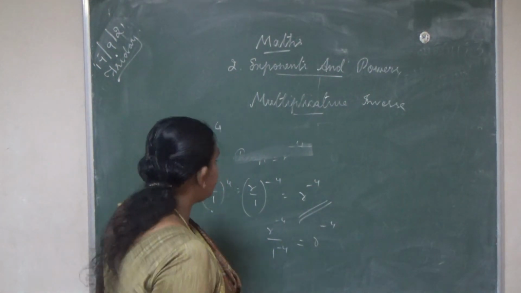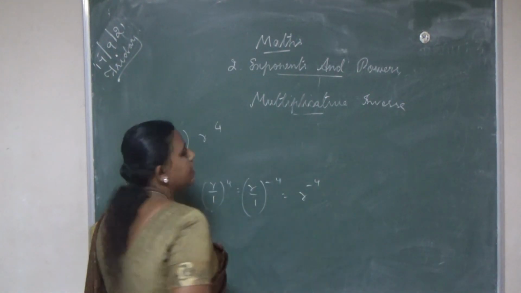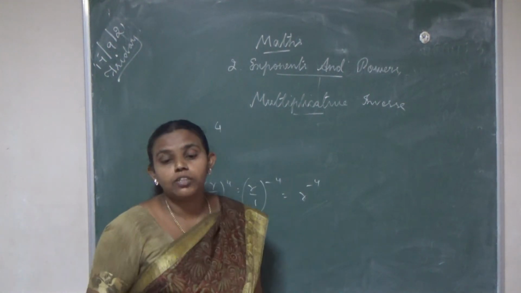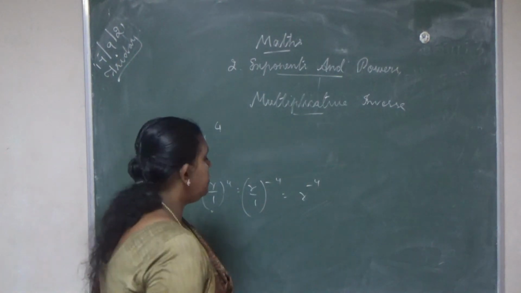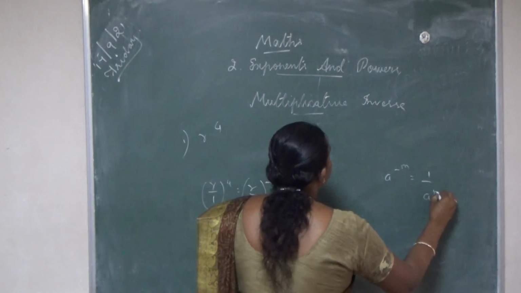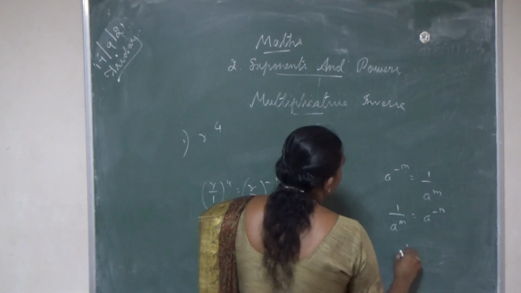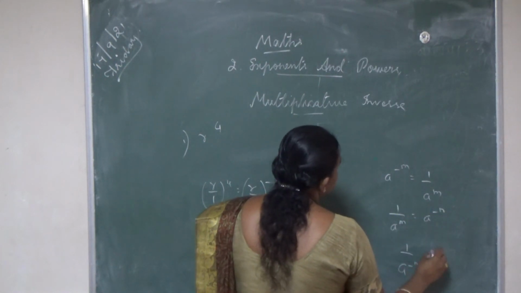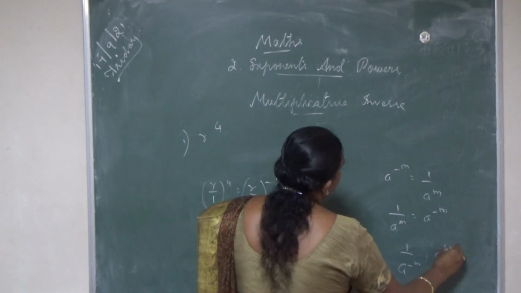Now what is next? First I found the reciprocal, then I have to write the exponent in positive form. I know a power minus m is equal to 1 by a power m, or 1 by a power minus m is equal to a power m.